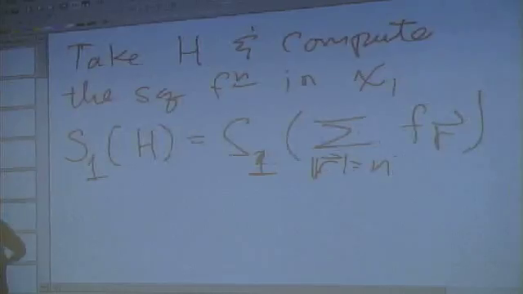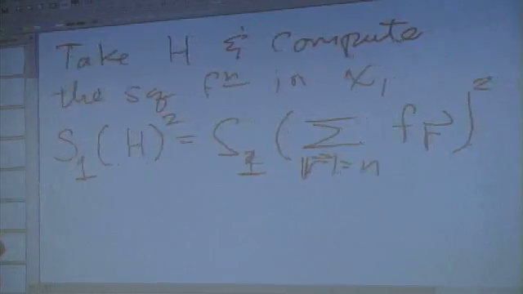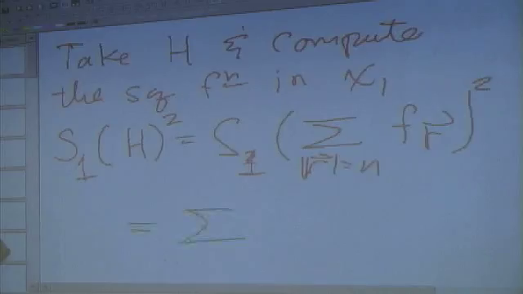Well, maybe I consider the square. This is the sum over a equals 1 to n of the sum of the f_R's such that R1 is a.